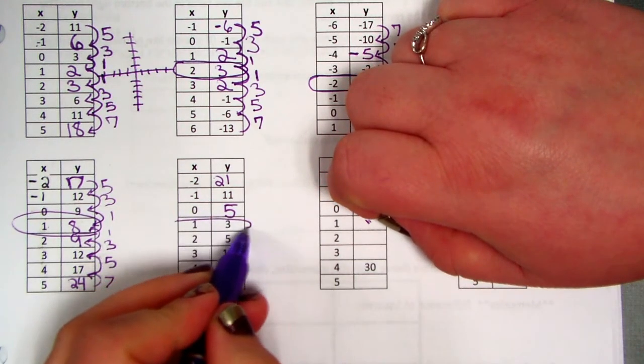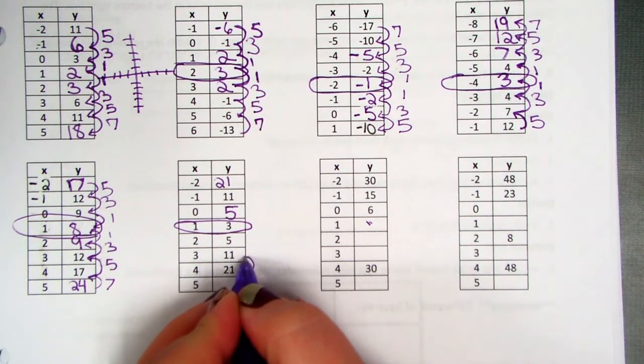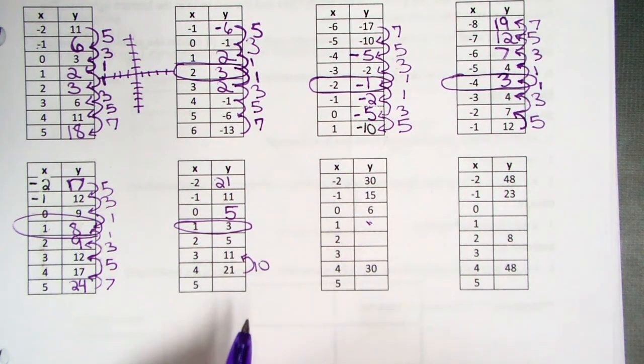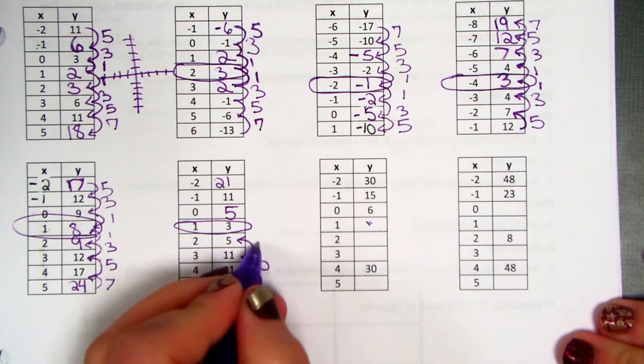So let's find the distance between each of these. The distance between 21 and 11 is 10. The distance between 11 and 5 is 6. The distance between 5 and 3 is 2.